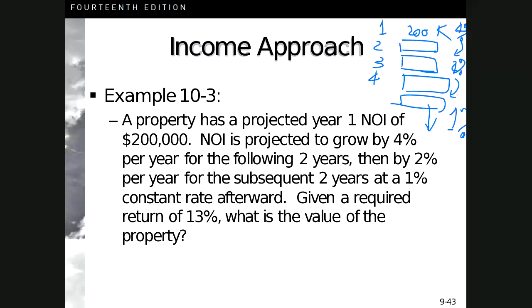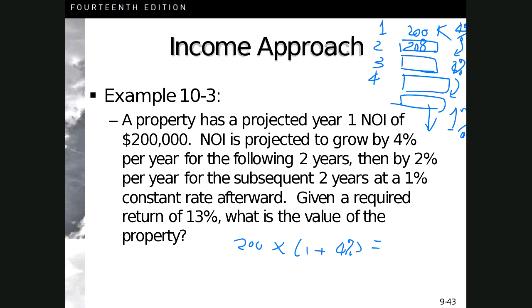Okay, any thoughts for the second year? $200 times 1 plus 4%, right? So that should be equal to, yeah, this is the part I don't like, it's kind of harder to get feedback from you guys.